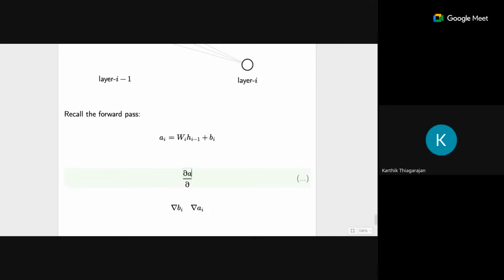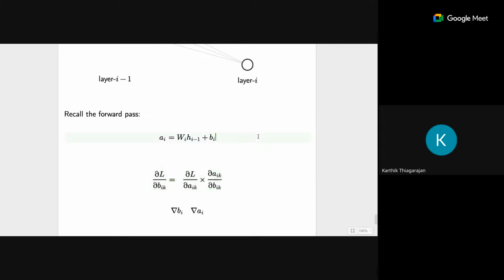So very quickly, this is with respect to L. So dou L by dou aik is what you know. But what you need is dou L by dou bik. So first you make use of what you know, that is dou L by dou aik, and you multiply that with dou aik by dou bik.